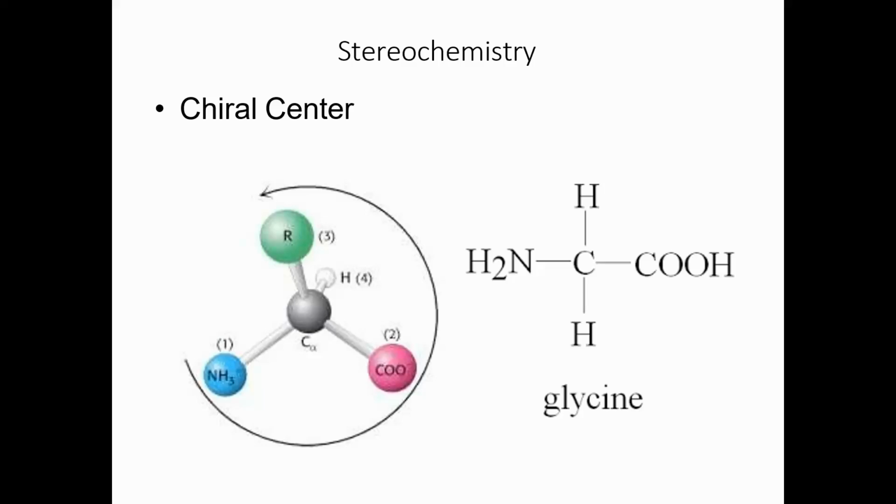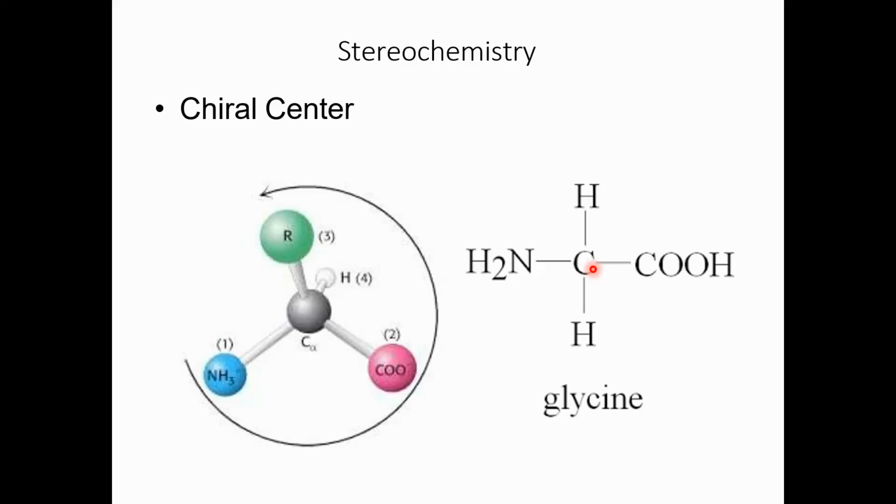Now another chemical property of amino acids is chirality. So what is it? Chirality is when a molecule has a central carbon atom connected to four different atoms or groups, so it would be a chiral center.